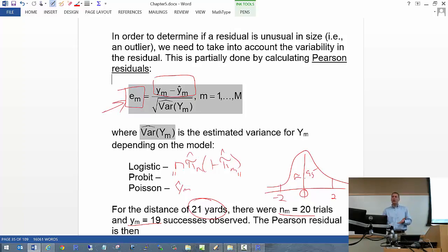If this was Poisson response data, this would be, again, a Poisson count. We subtract off then what the model estimates that observation to have for a mean response. That forms our residual. But then we divide by the square root of the estimated variance of the response to take into account the variability that our response has. And so that we essentially have, you can say, a standardized value.